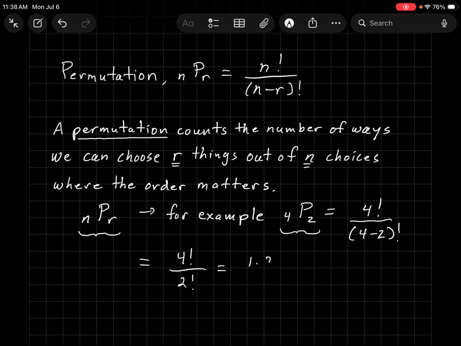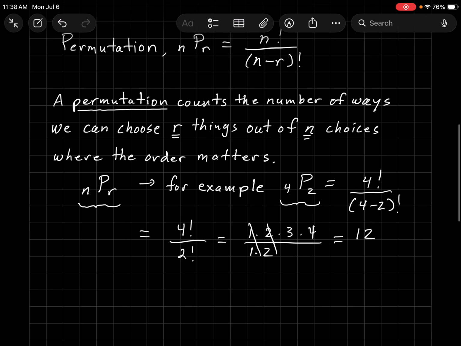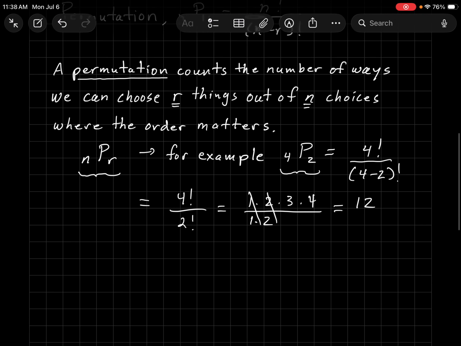And so we can write it out one more time, but we'll probably skip right to some of the answers later on without all this work. But 4 factorial is 1 times 2 times 3 times 4. 2 factorial is 1 times 2. So 4P2 is 12. Okay, what does that really mean? Well, let's come back to that after we talk about the idea of a combination.